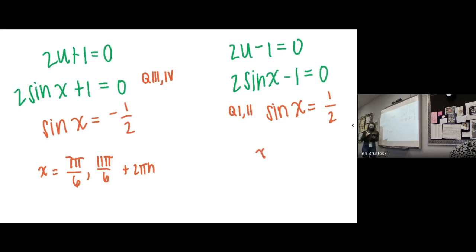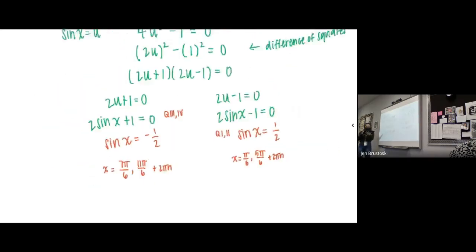So we've got x equals pi over 6, and then what's the one in the second quadrant? One less than the denominator would be 5 pi over 6, and then we add the 2 pi in.